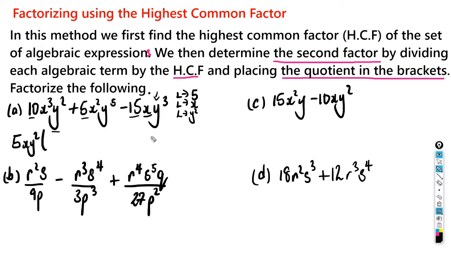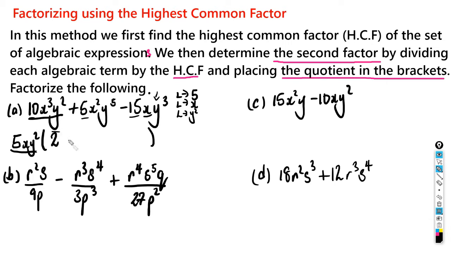And then we're going to have an open bracket here. Now it says we determine the second factor by dividing each algebraic term by the HCF and placing the quotient in the brackets. So we're going to divide through this HCF into this. 5 goes into 10x cubed y squared, you're going to get a 2 for sure.